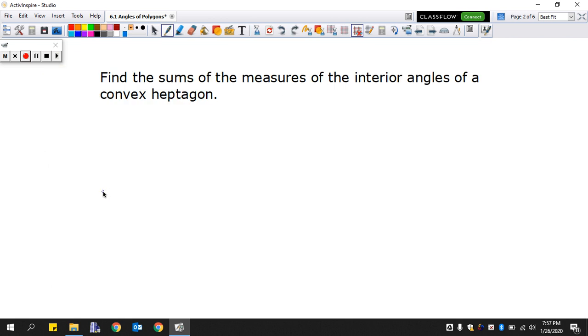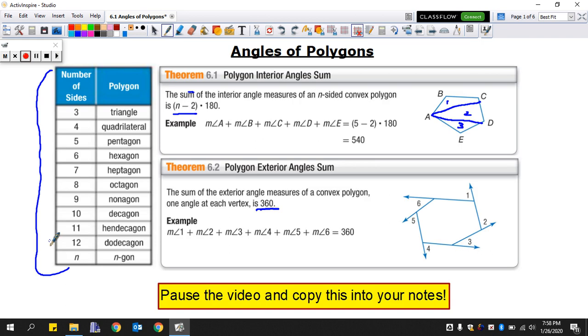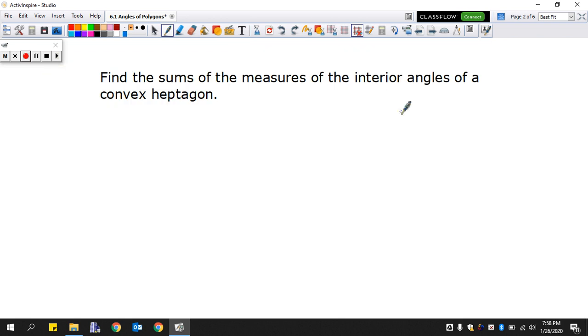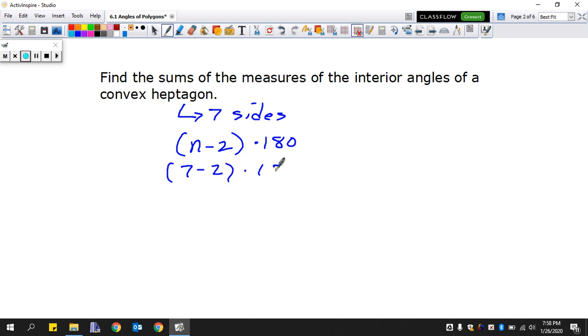It says find the sum of the measures of the interior angles of a convex heptagon. If we refer back to our table, a heptagon has seven sides. So if we plug this into n minus 2 times 180, n minus 2 is 7 minus 2, times 180, which is 5 times 180.